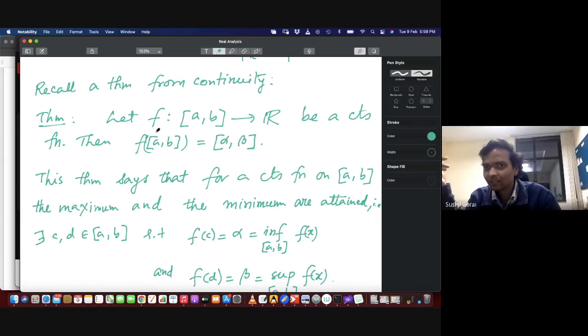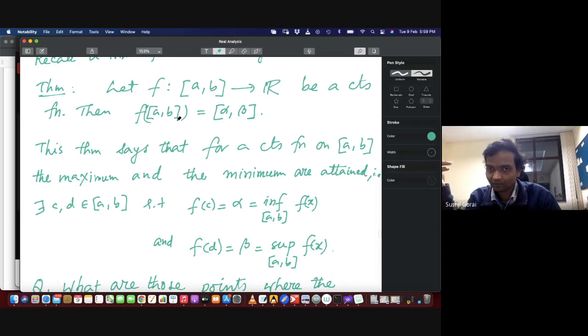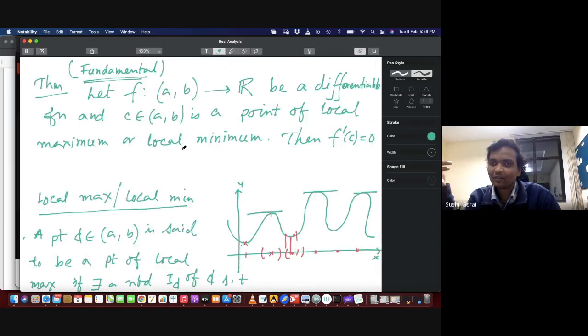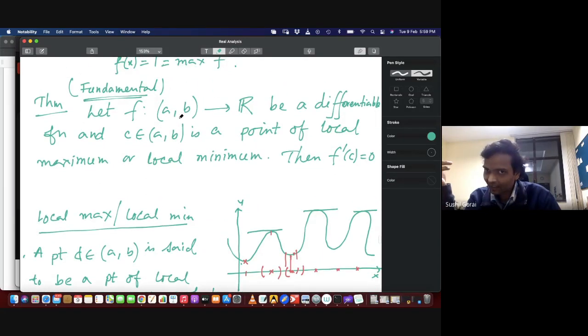Here, if you look at a closed interval, it will of course have a maximum and minimum, since it actually contains the endpoints also. But for the endpoints, you don't know this derivative condition. Here it is a bit relaxed. You need an open interval to get the derivative to be zero, because you have to know both sides around that point.